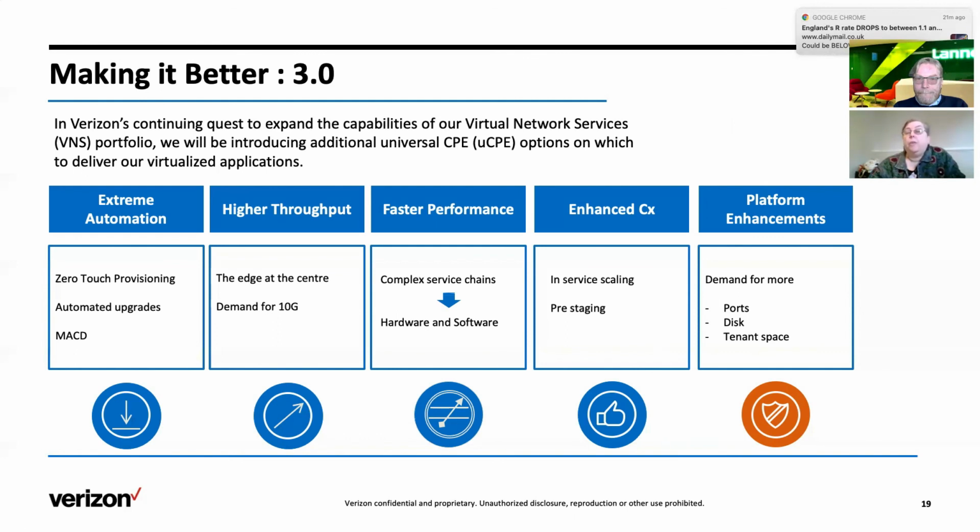We have a product called Application Edge that allows customers to add applications right on the box, which really gives them a very nice little mini network as a service plus cloud as a service edge device.